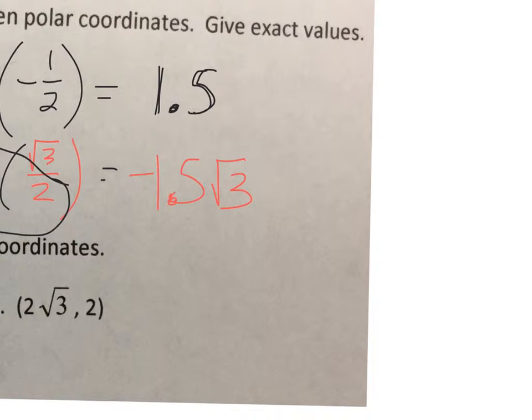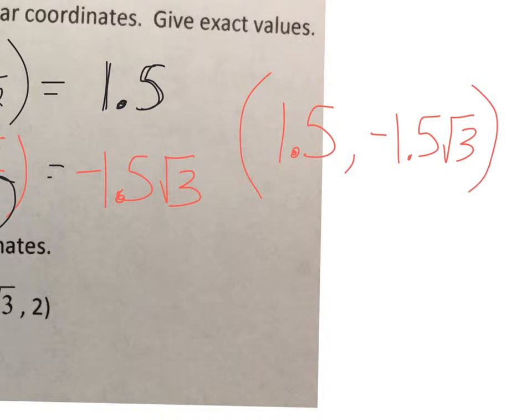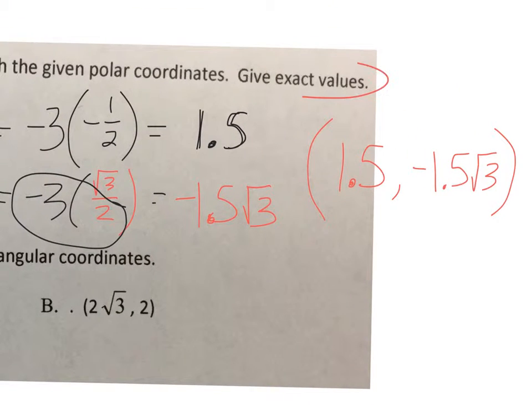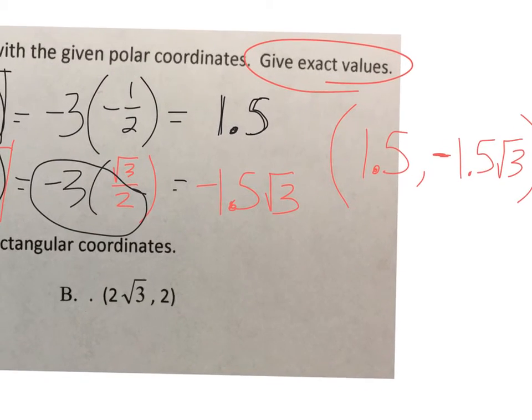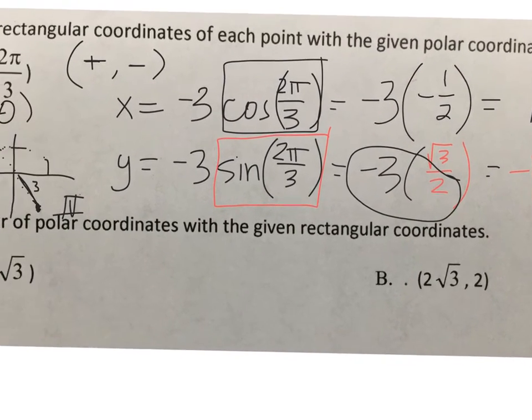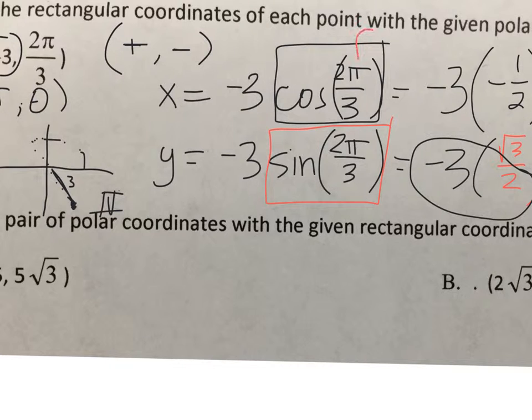So if we're going to write this as a coordinate point, that would be 1.5 comma negative 1.5 roots of 3. Okay, and if you want to put that into your calculator, that's fine, even though the directions say give exact values. But we have a positive x and a negative y, just like we suspected. So the x is always the radius times the cosine of the angle, and y is always the radius times the sine of the angle.